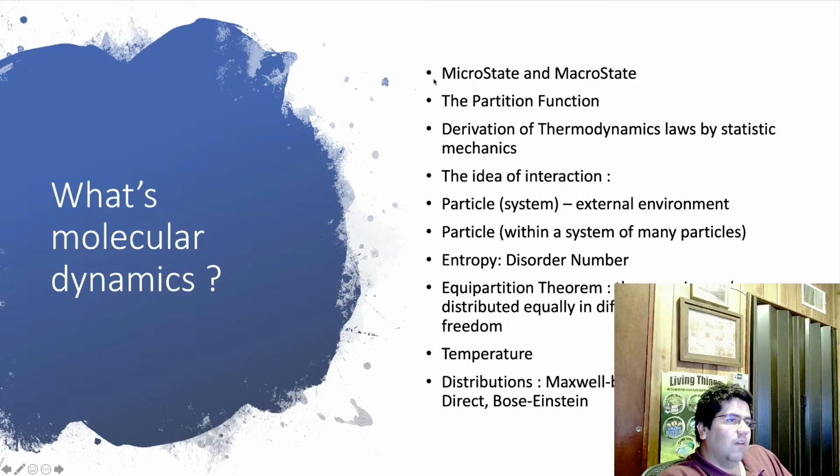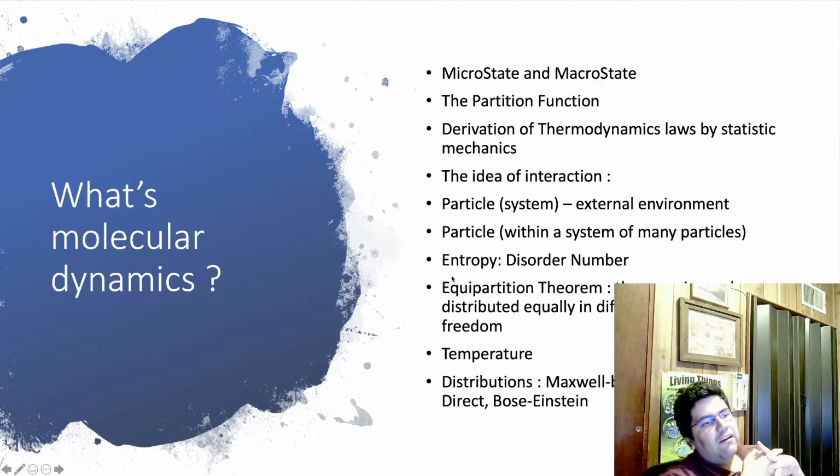You had to know what a microstate is, what the partition function is, the derivation of thermodynamics laws by statistical mechanics, the idea of interaction, a particle system, external environment, and a particle within a system of many particles. You had to define entropy, the equipartition theorem, temperature, and distributions like Maxwell-Boltzmann, Fermi-Dirac, or Bose-Einstein.